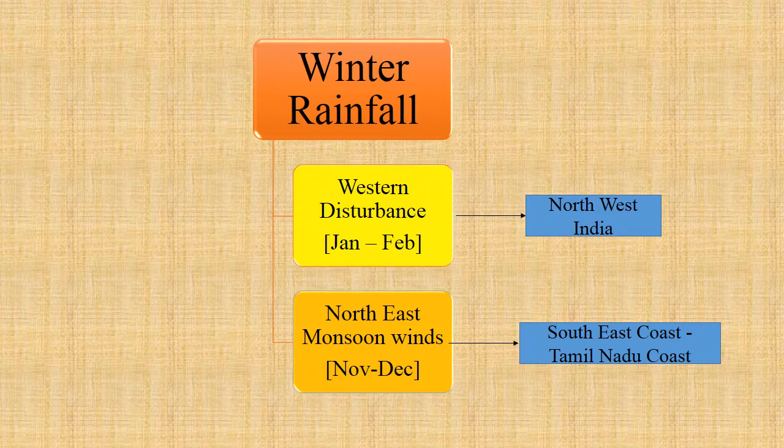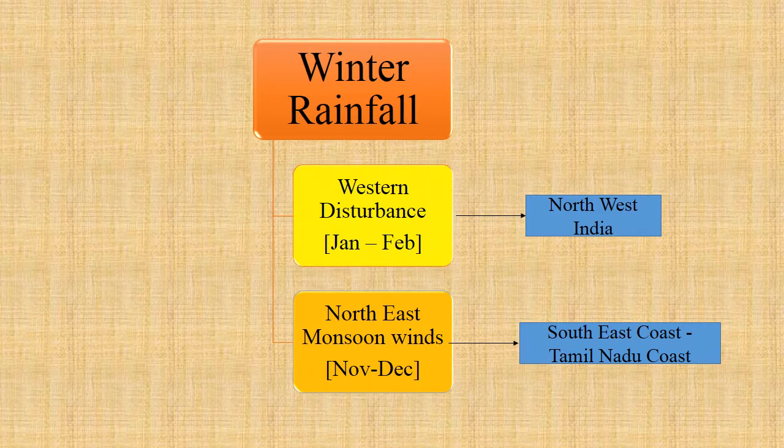The second wind which gives rainfall in winter season is the northeast monsoon winds. In further slides, we are going to see how these winds give winter rainfall to the southeast coast, that means the coast of Tamil Nadu, in November and December.